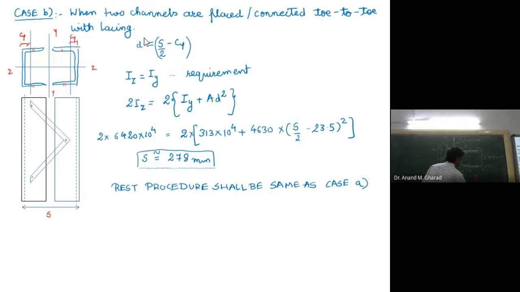D will be equal to S by 2 minus Cy. The portion minus Cy, that will give me D. This is again an important change, and because of this change, your S value will be different. So you can verify that.